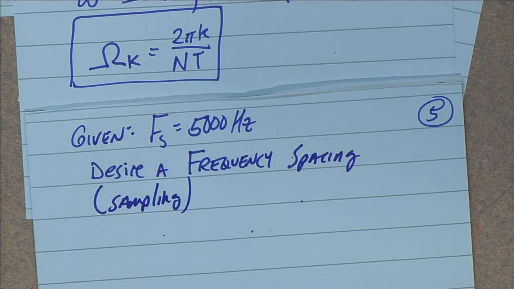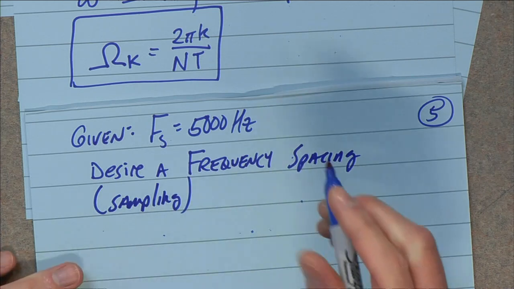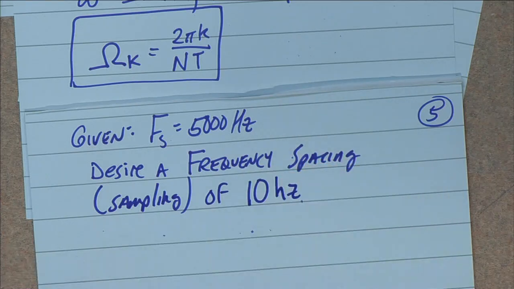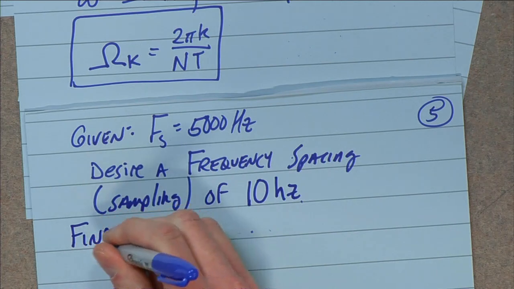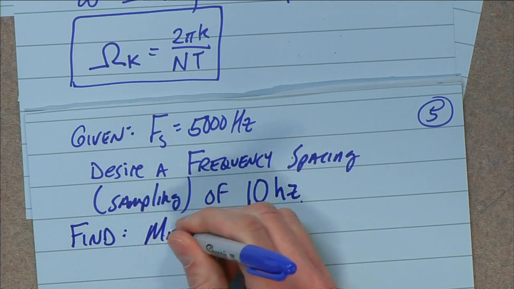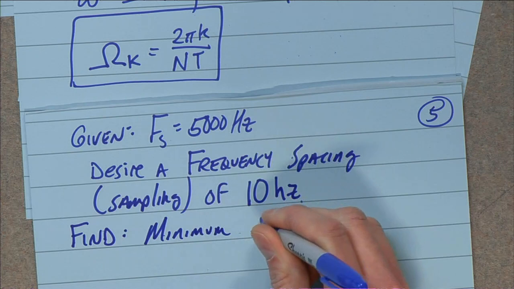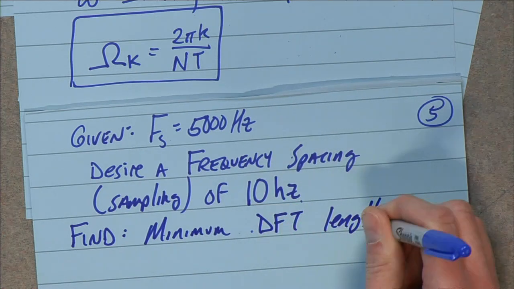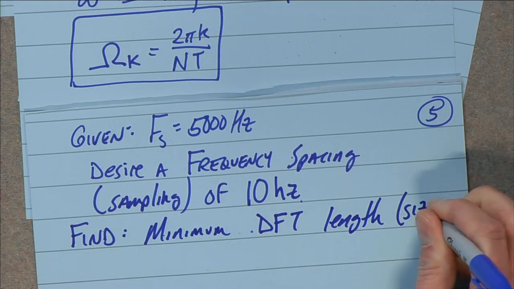Notice I'm not going to use the word resolution because that's a different topic that we'll hit on today. But it's a spacing or a sampling of 10 hertz. So what we want to do is find the minimum DFT length or size.